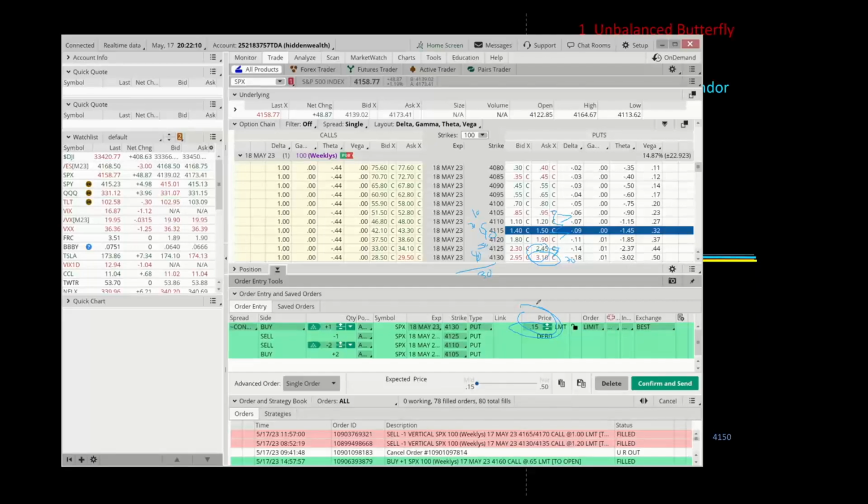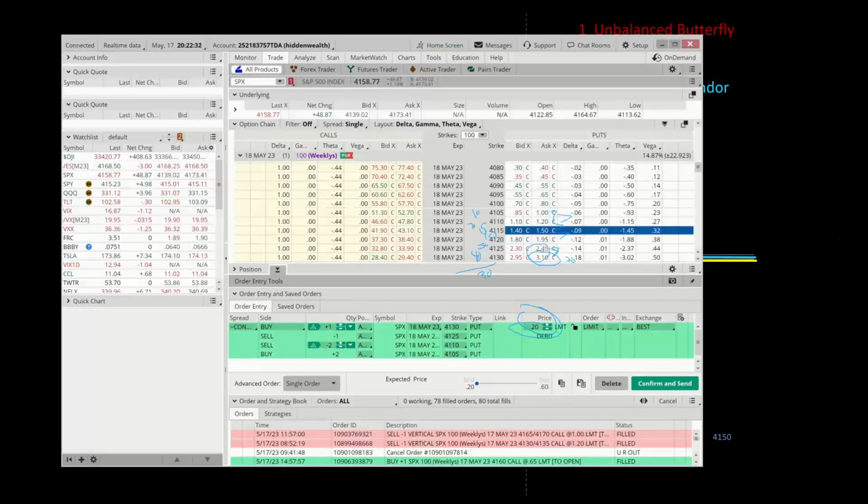Okay, the unbalanced butterfly is going to be the easiest one to alchemy. Why? There's 25 butterflies in there. I can sell 3, 7, 9, 12, 15 butterflies to get some money back and still have a residual position.